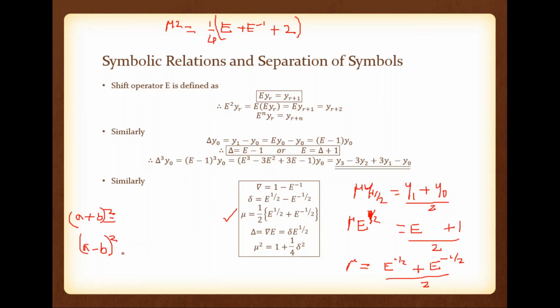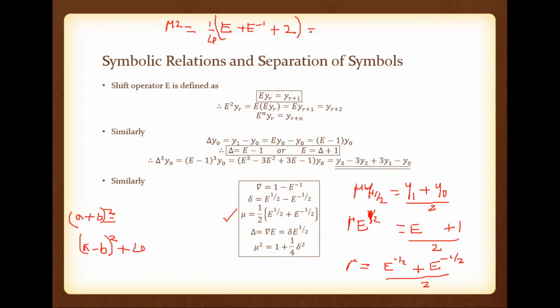Plus 4 or minus 4? We can write plus 4, right? A plus b whole square is equal to a minus b whole square plus 4. Is it okay?